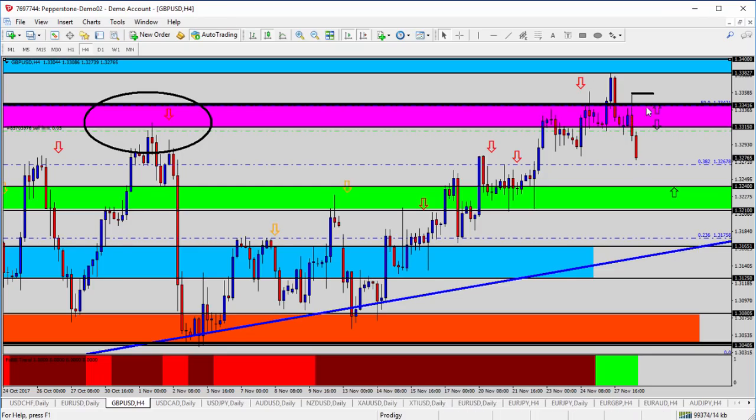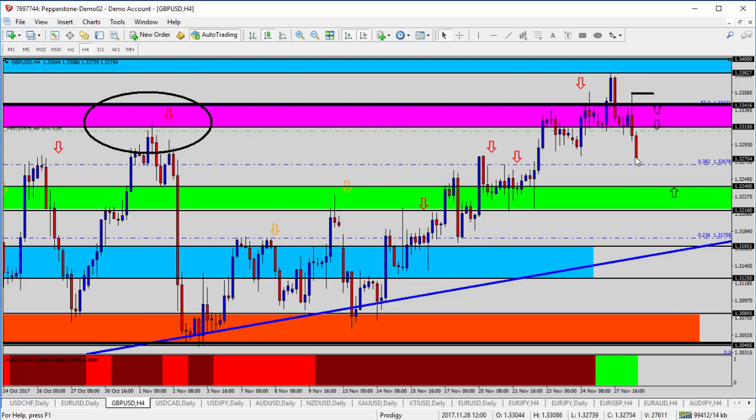So if your risk is 1.3355, 60, right now you're risking, let's see, 80 to 90 pips, 80, 85 pips if you were to sell now. But if you wait for it to rally back up to the 1.3310, 1.3315 level, then you're cutting that risk by quite a bit. Then you're looking at a risk closer to 45 to 50 pips.